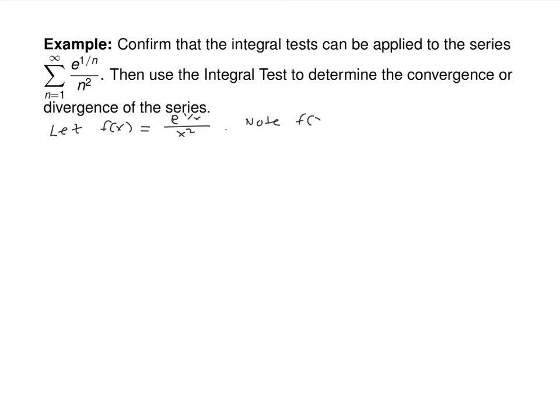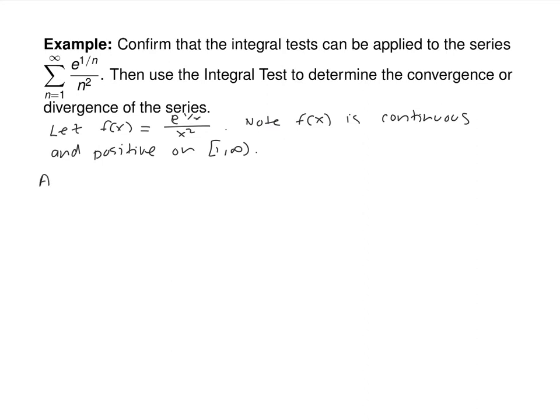Note that f of x is both continuous and positive on the interval from 1 to infinity. This function is continuous as long as your x isn't 0, and it is actually positive for every value at which it's defined. We have to show decreasing, and since I think it's not really obvious, we're going to use a derivative.